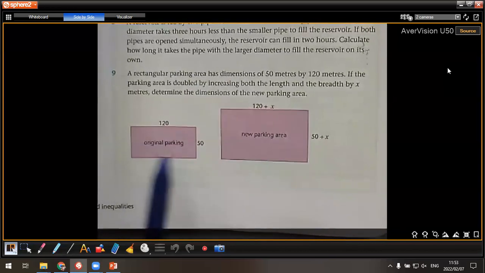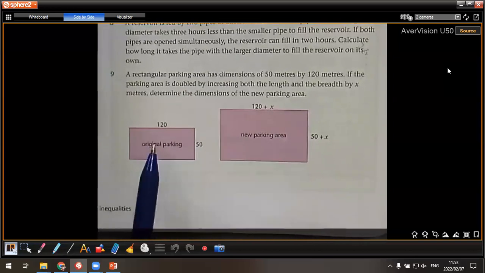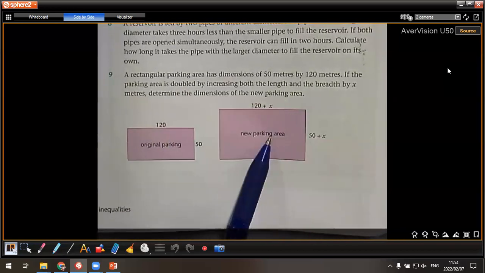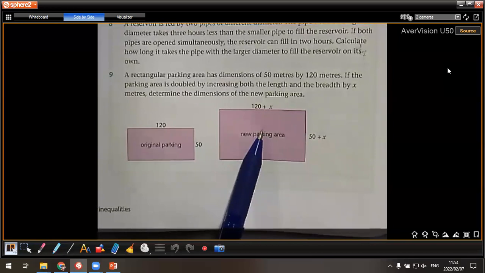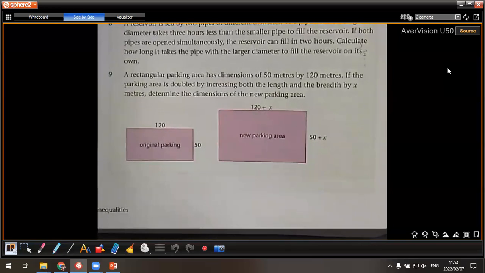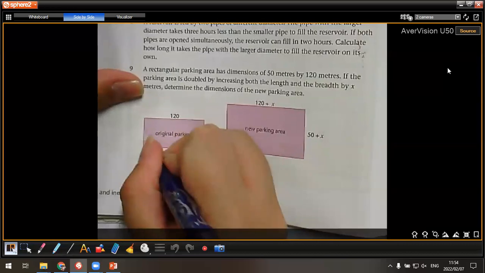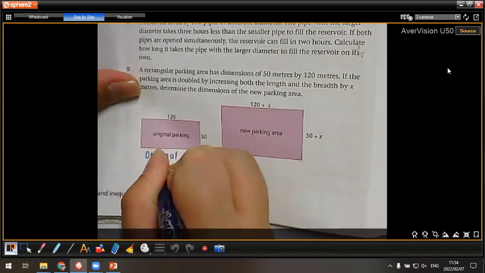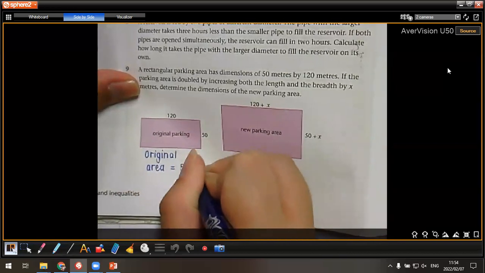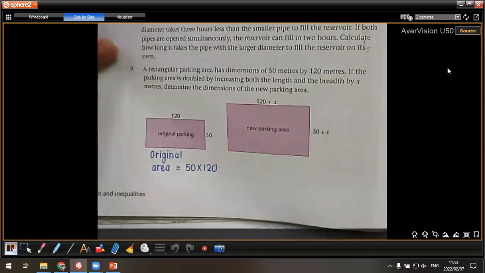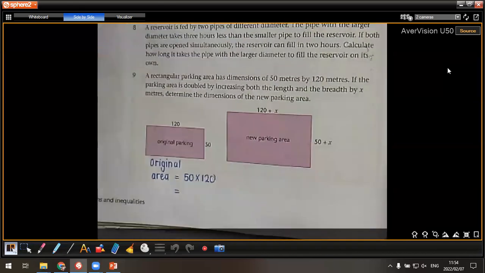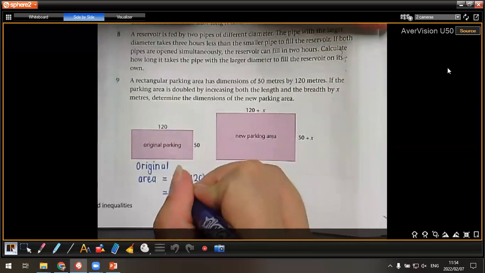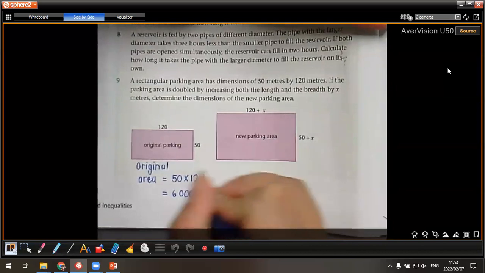So guys, how can you find the area of the original parking lot? 50 times 120, right? And then they're saying that this area is double that. So you actually can calculate the new area. The original area is 50 times 120, which is 6,000 meters squared.